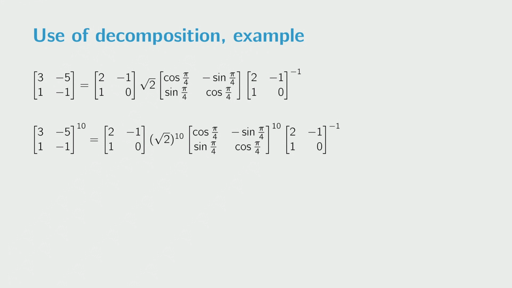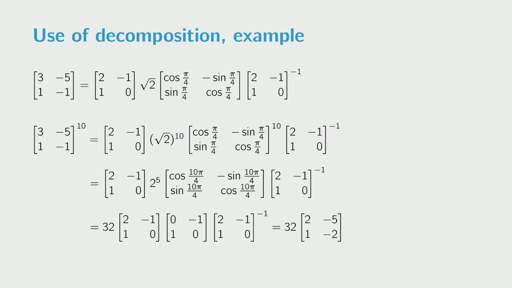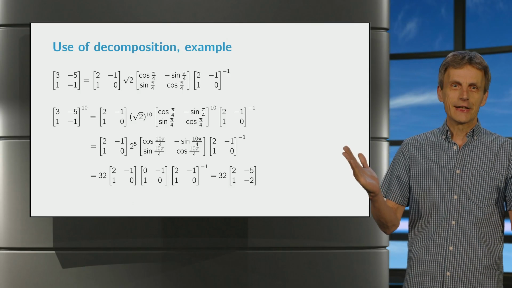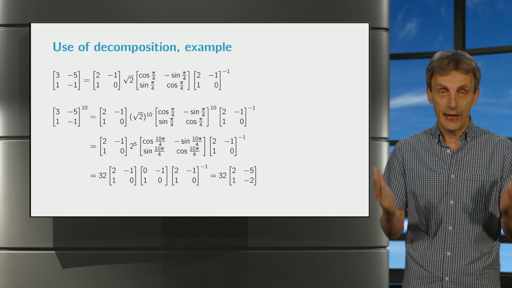Secondly, we can use the fact that the 10th power of a rotation matrix with angle phi is equal to the rotation matrix with angle 10 times phi, which brings us to the product shown here, which is equal to 32 times the matrix [2, -5; 1, -2]. Easy calculation, isn't it? And of course the same goes for any power of A.